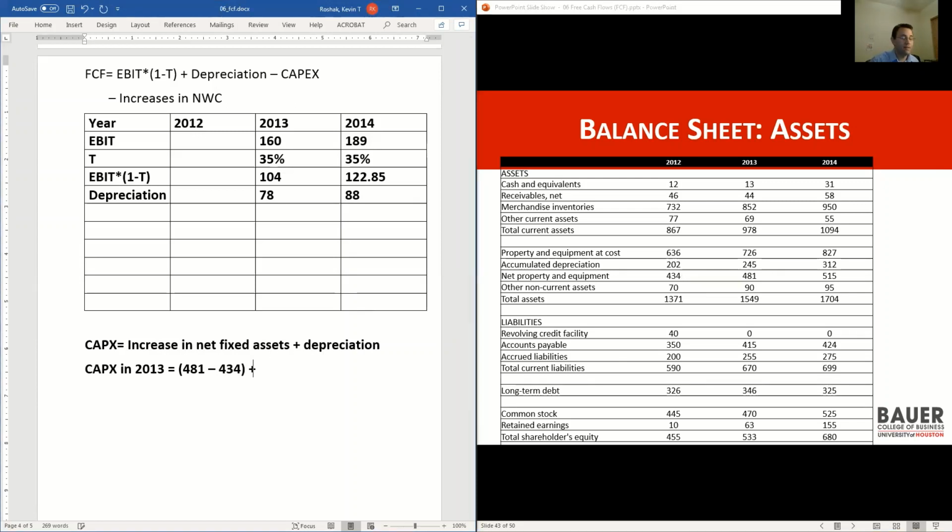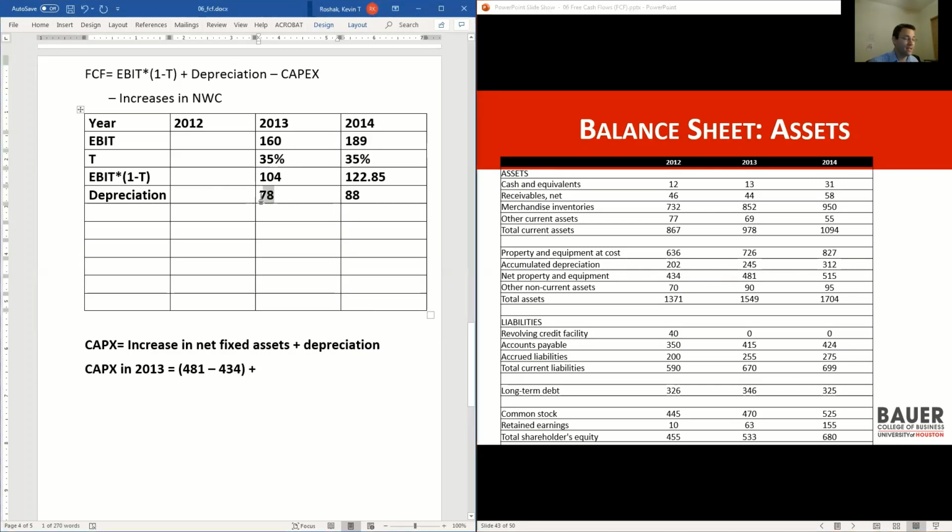But then we also have to add back depreciation. This 434, the starting balance, would have dropped just because of depreciation. We had depreciation of 78. So this net PP&E should have just dropped by 78, all else equal. The fact that it actually rose to 481 means that we bought more than we actually depreciated.